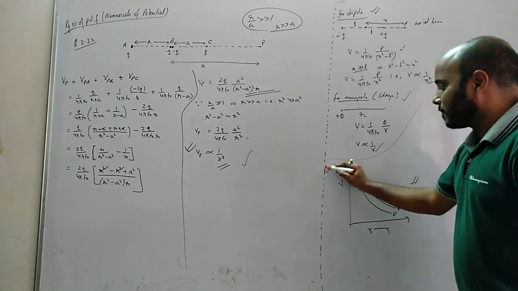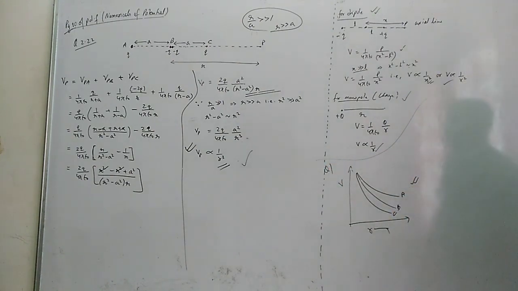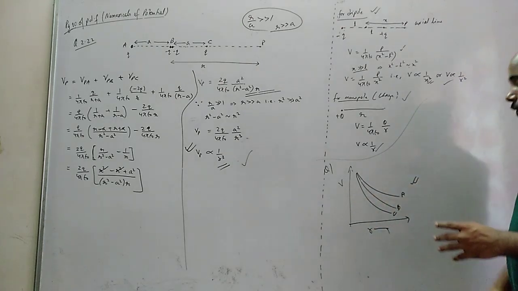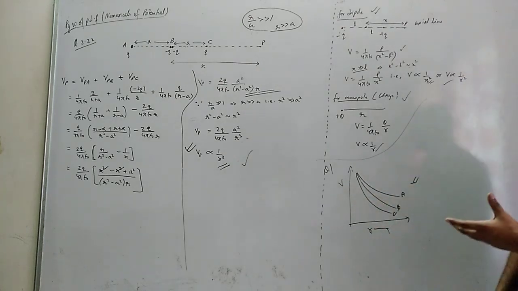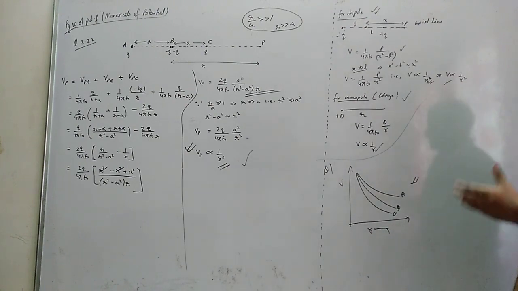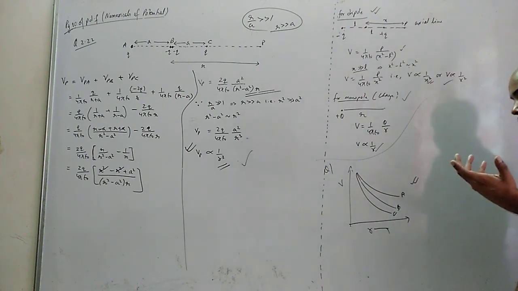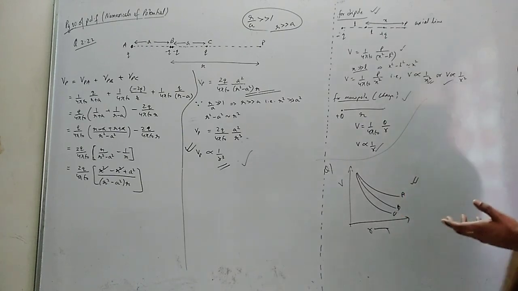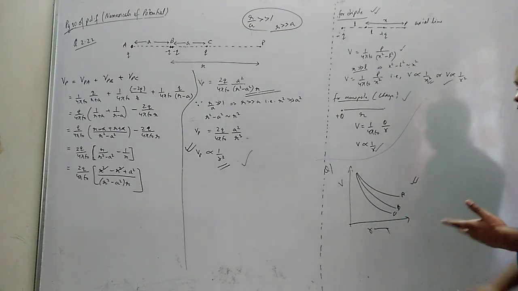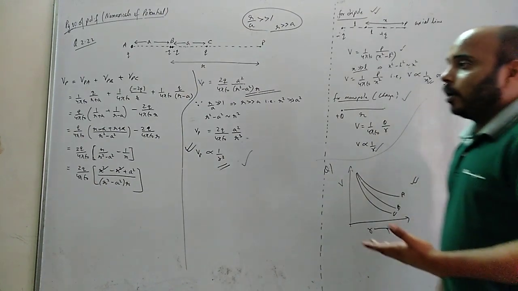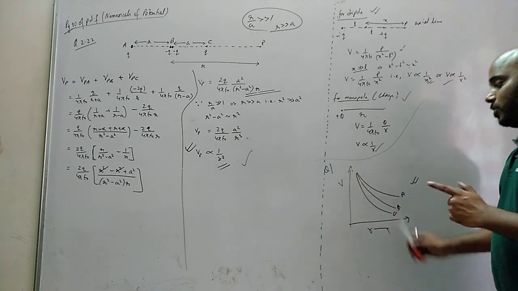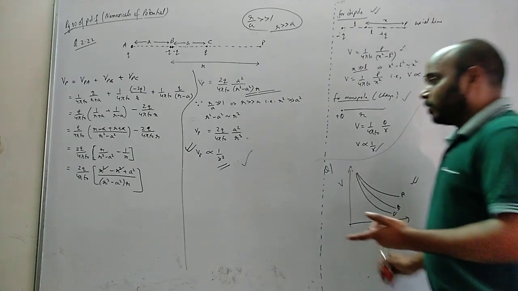A, B, C are the variations of potential versus distance from the center of a monopole, dipole and quadrupole. Identify which graph corresponds to monopole, which graph corresponds to quadrupole and dipole. This is our question. So this is your homework. Give it a try.